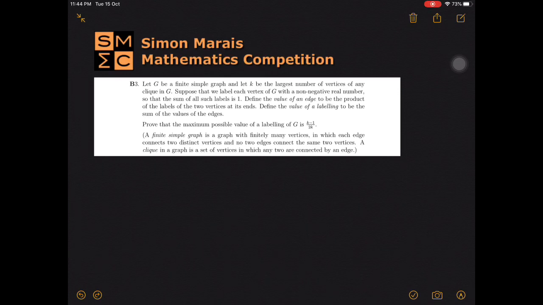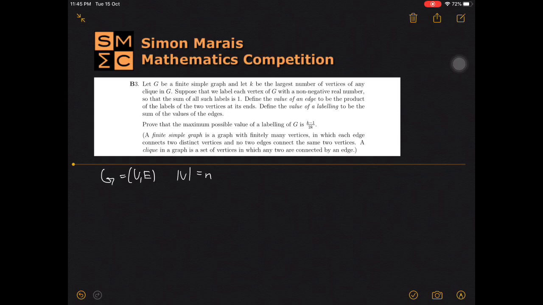Now here we go. Let G be a finite simple graph, and let K be the largest number of vertices of any clique in G. So we let G equal (V, E), where the number of vertices we suppose is n. And suppose that we label each vertex of G with a non-negative real number so that the sum of all such labels is 1.